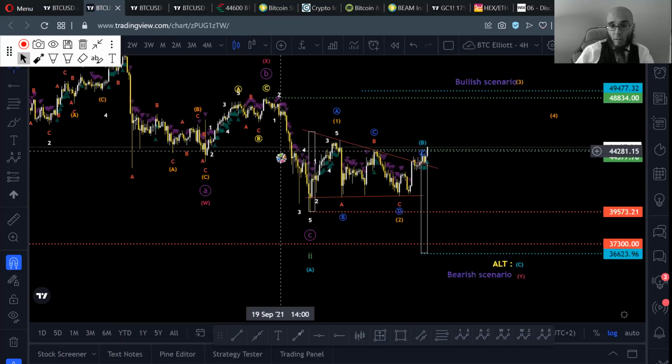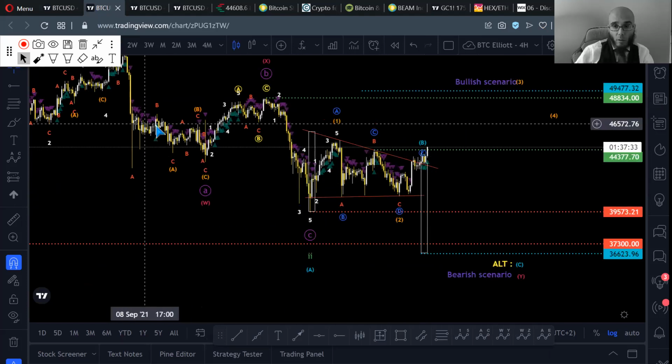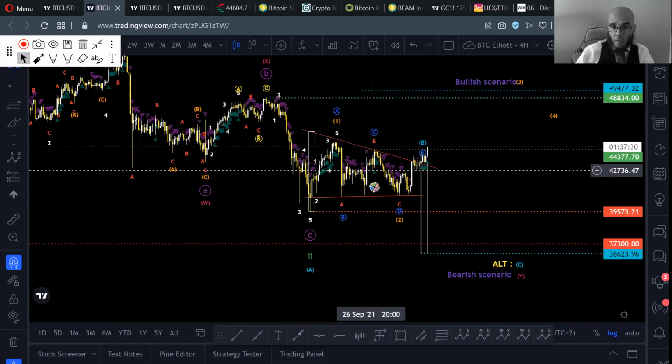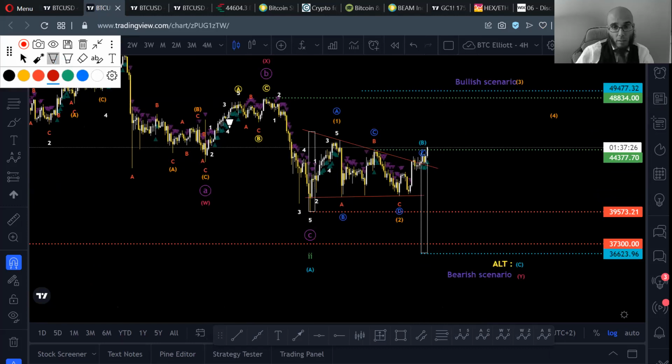Now let's look at our triangle. And I don't think that triangle, according to my Elliott wave rules, and I've checked that one because there are people who are saying that the level that cannot be broken is this one, which means wave A. But I checked on the internet just before I went online, and it clearly says that wave E cannot move beyond the top of wave C. So that's the level.